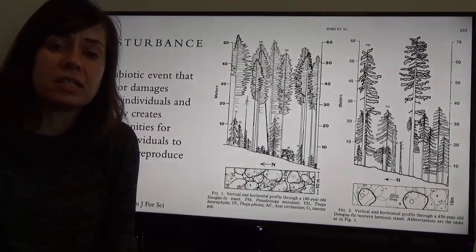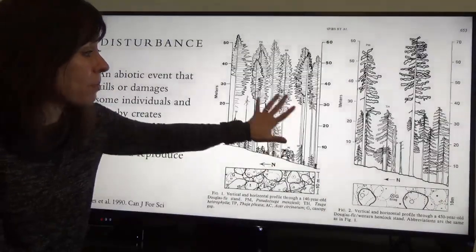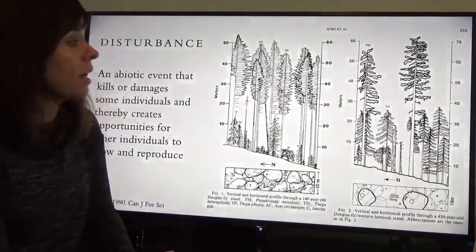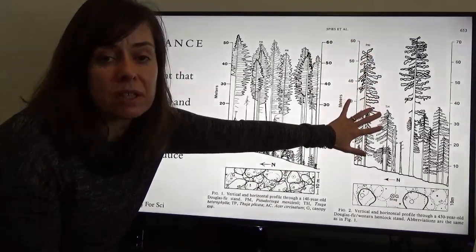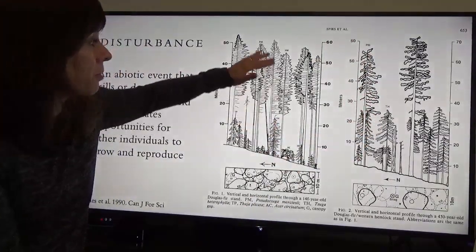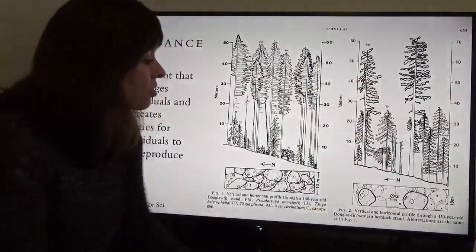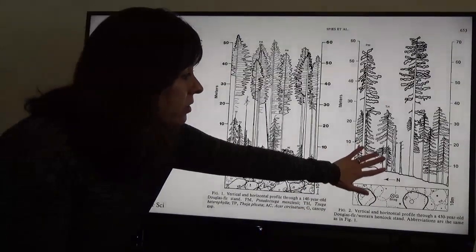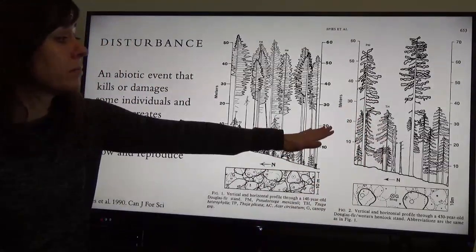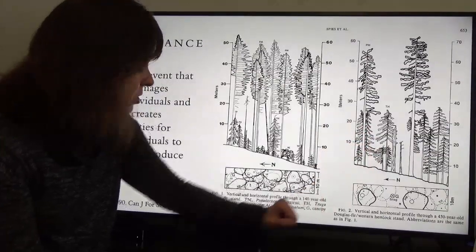In some cases it's just senescence, but in some cases we end up with storm events that open up the forest canopy, allowing additional resources, specifically light resources. These tall temperate rainforests are really light limited, allowing light resources into the understory, and supporting the growth and productivity of these other species that occur in the understory of this forest.